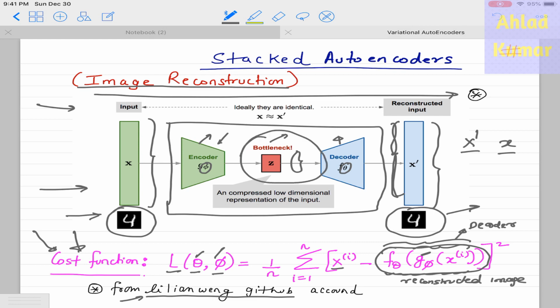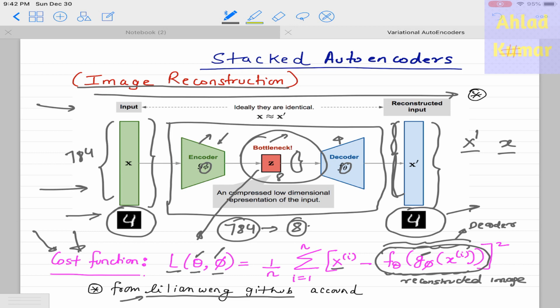This Z is the compressed version of the original image, so it represents the original image by a very small number of features. For example, if the image is of size 784, and the number of neurons in this bottleneck is 8, then we are compressing a 784-node image into 8 nodes.